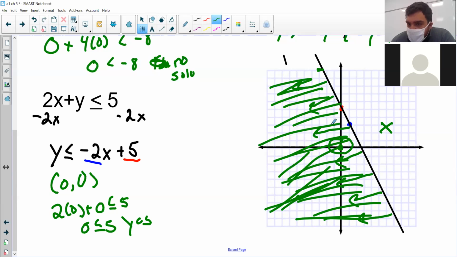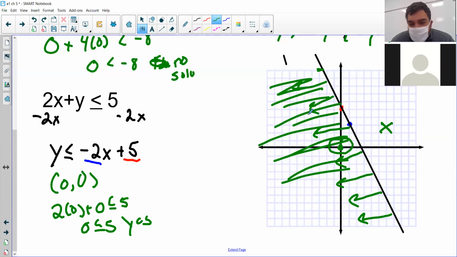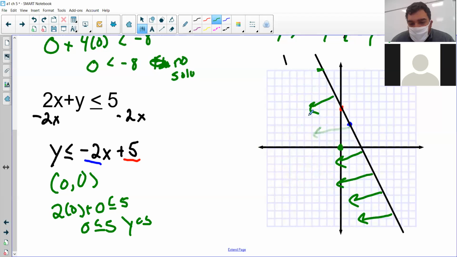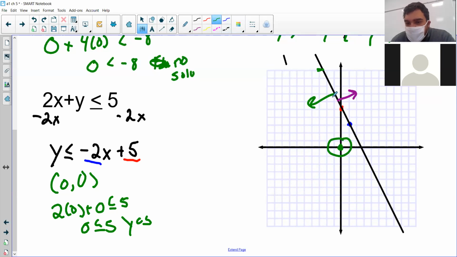Sure. The reason I chose this direction versus, let's say, this purple direction: my 0, 0 is underneath the line, or you could say left of the line. I don't care how you explain it, but it's on the green side of the line here.